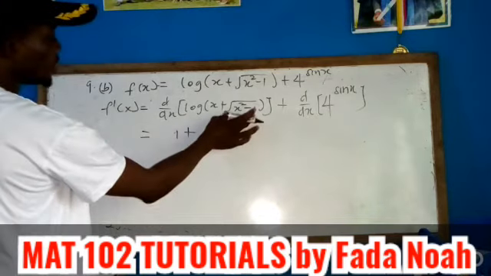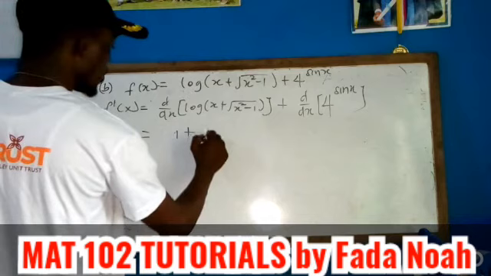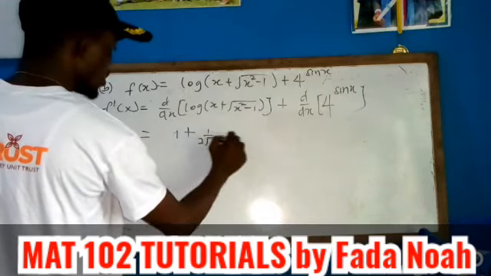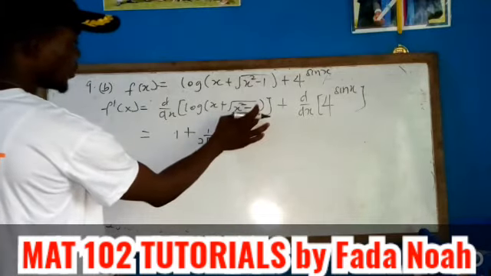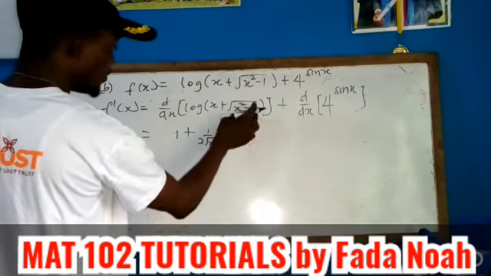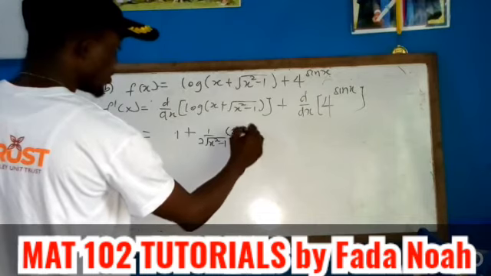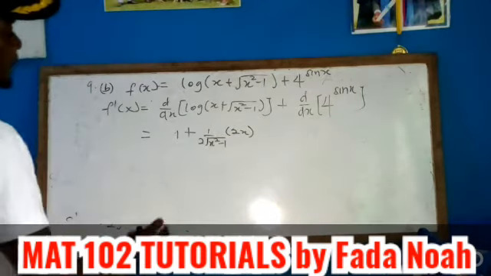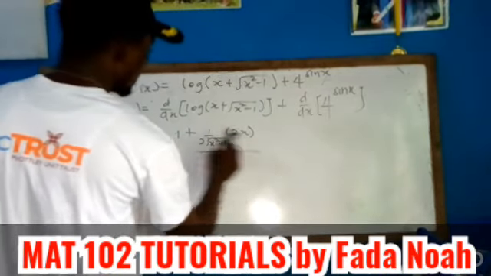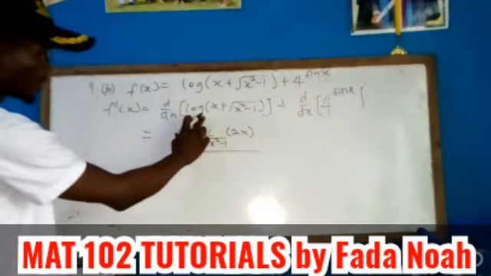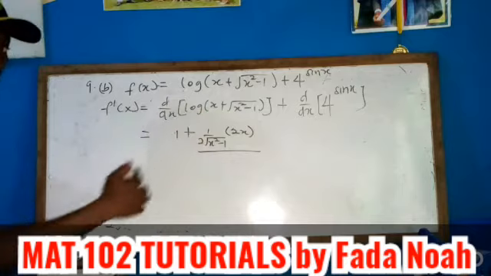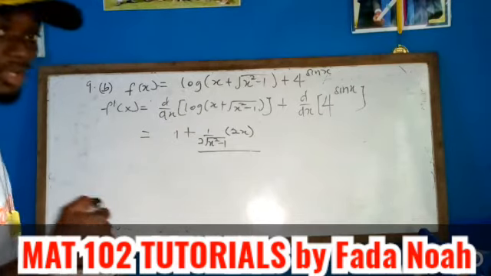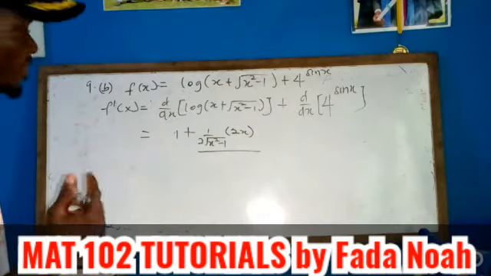plus the derivative of this one will give us 1 over 2 square root of s squared minus 1 times what is inside over here, the derivative, which is 2x, over the length of the base of the log. And here the base is not written, and whenever the base of the log is not written, we assume it is equal to the base 10.